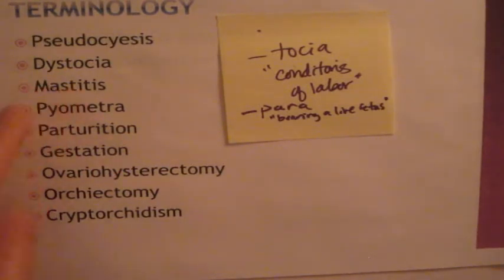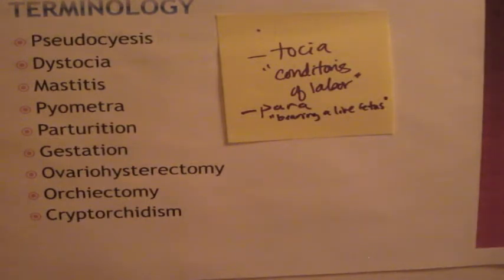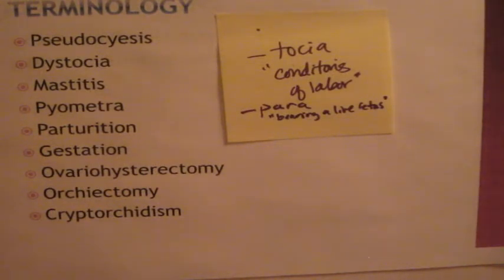So mastitis, think about what the root word mast, combining form masto, having to do with mammary glands. So itis means inflammation, so inflammation of the mammary glands. This is a big deal in a lot of animals, especially in the dairy industry, who rely on lactating cows to produce milk.